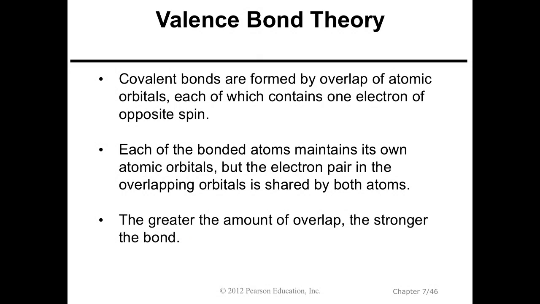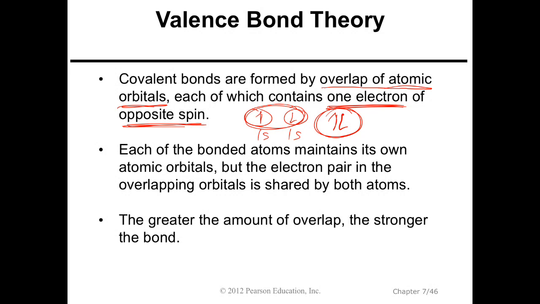All right, this is kind of a wordy slide. It's just describing that covalent bonds are really overlapping of atomic orbitals, and each of those orbitals will contain one electron of opposite spin, just like we showed with the 1s orbitals of hydrogen. They're opposite spins so that when they combine, they're paired up.